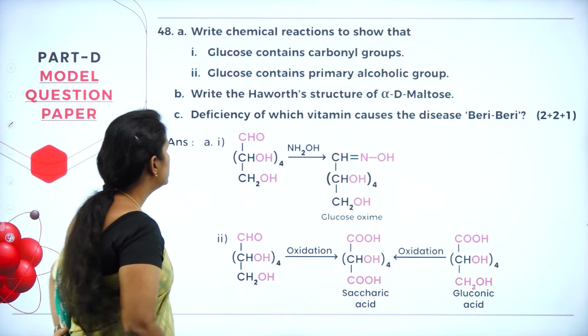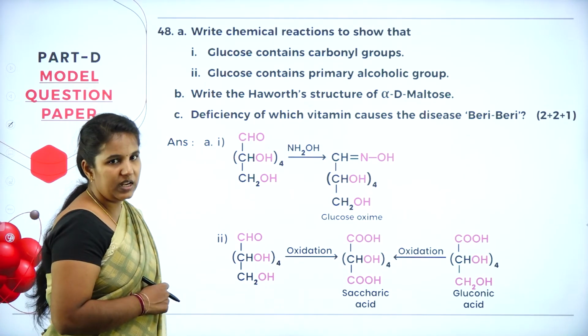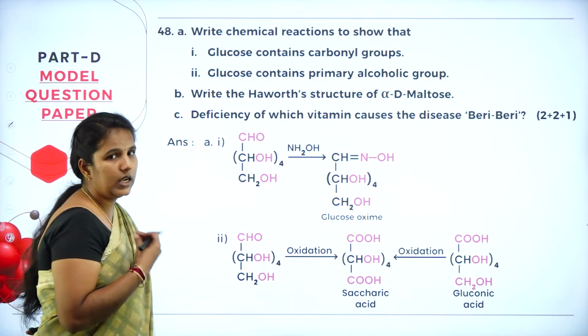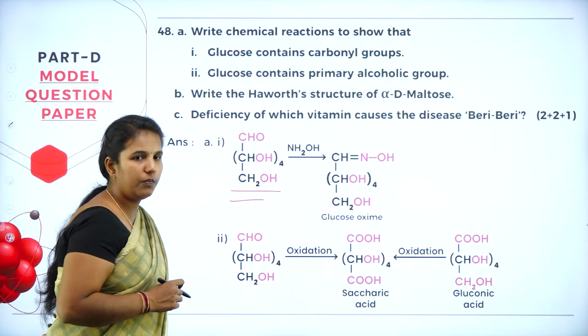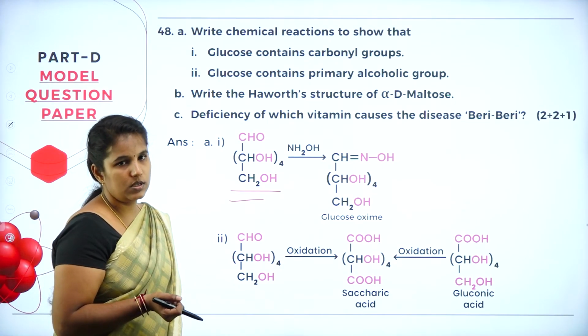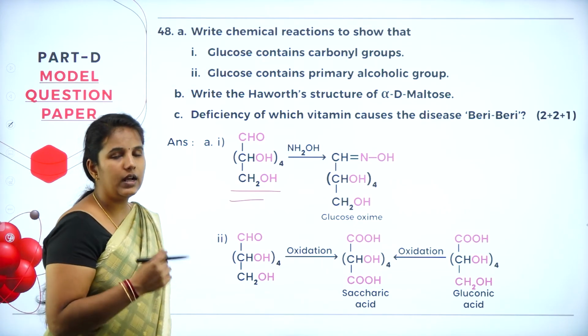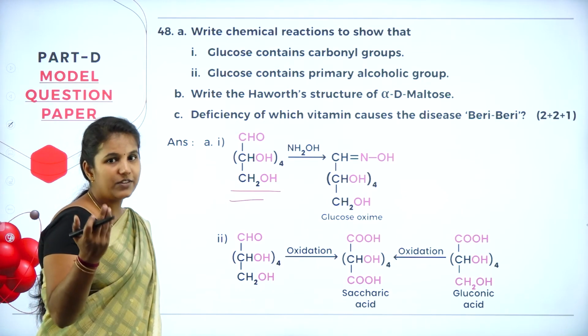Okay, so I'll go through the first question. Here you need to show the chemical reaction where glucose contains a carbonyl group. This reaction is used to show the structure of glucose. In that, we need to show how the glucose molecule contains a carbonyl group as a functional group.